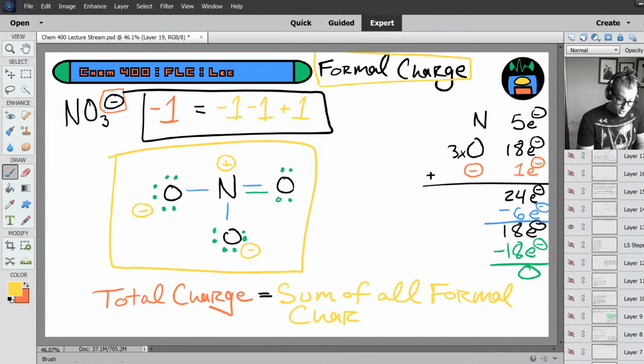So don't freak out if you have more formal charges than your total charge, but the sum of all your formal charges must always equal the total charge on your species. Cool? All right. Also, don't make the mistake of thinking that, oh, there's a total charge of -1, therefore there can only be 1 charge in the molecule. That is not the case, as we see here.